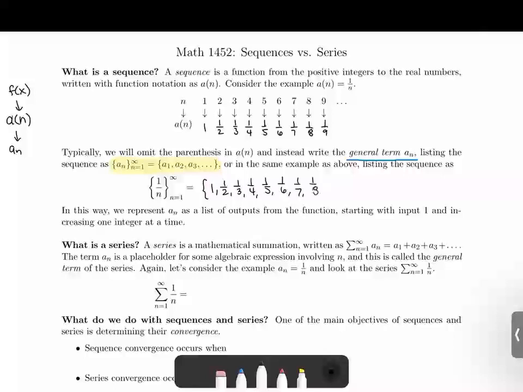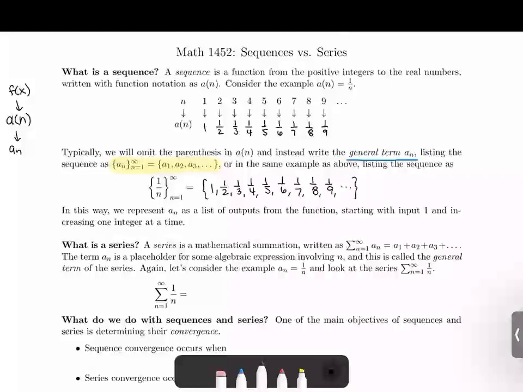We can write this as many times as we want, and then we know that it's going to continue, so we add the ellipsis to show that it's going to continue to infinity. In this way, we represent a sequence as a list of outputs of a function, starting when we input 1 and increasing 1 integer at a time.